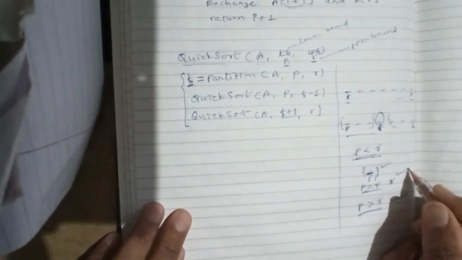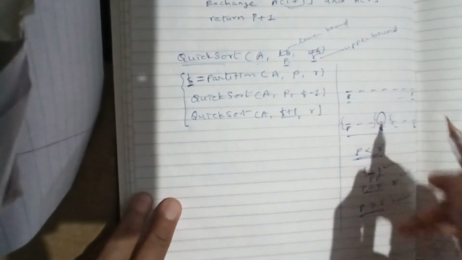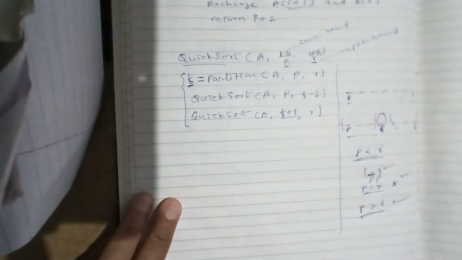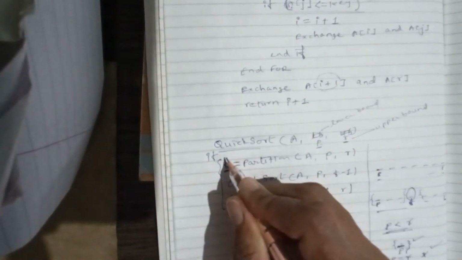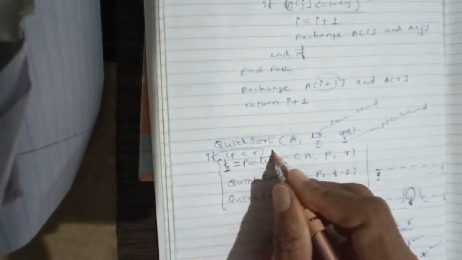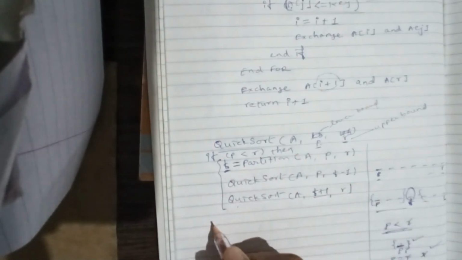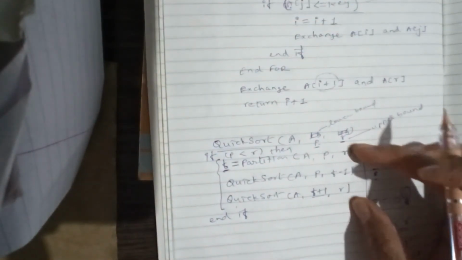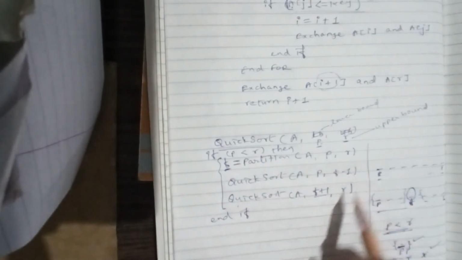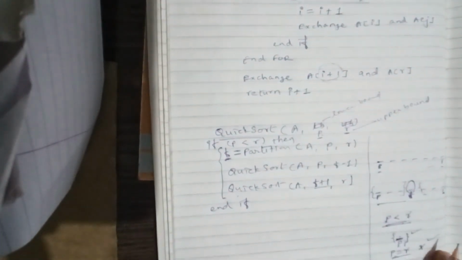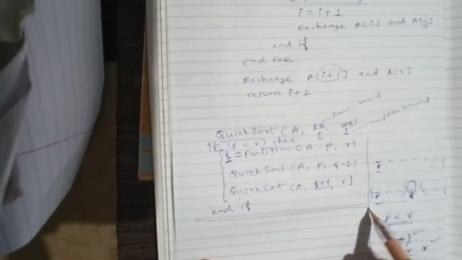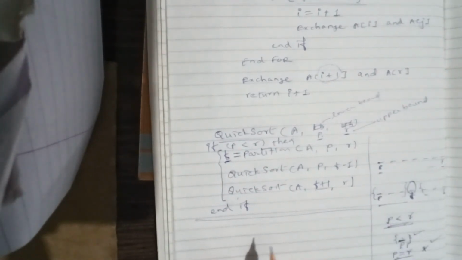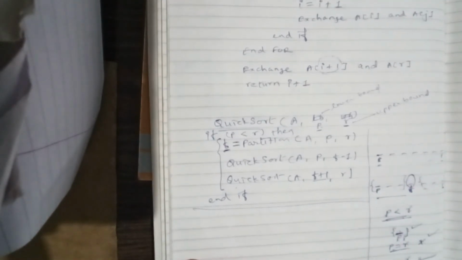Similarly, the single element partition we never solve. So what we need to solve is only P less than R. So in this quicksort algorithm, if P is less than R, then we solve this quicksort. This is how we solve the sorting problem with the help of quicksort or partition exchange sort.